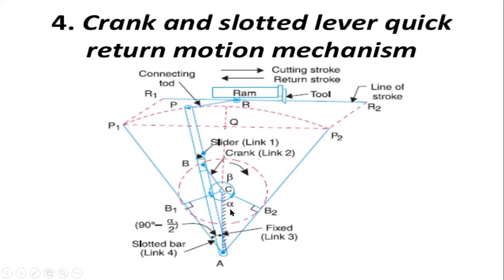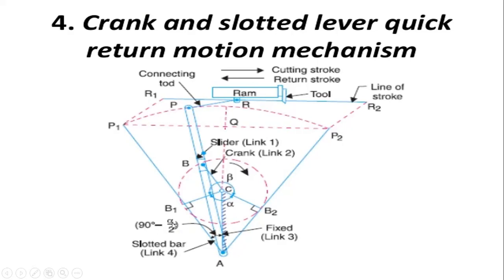You can see in the picture also, alpha is the angle generated between the fixed link, AC, and CB2, the other link. So the angle between the two positions is called alpha. And the angle between the two positions BC and B2 is called beta. So those are the two positions.